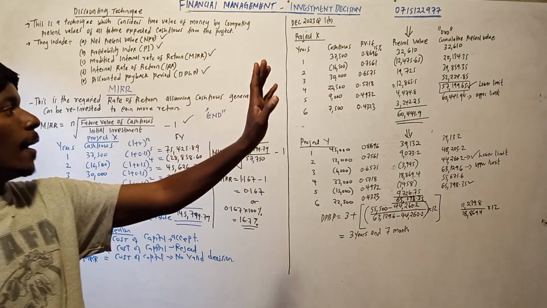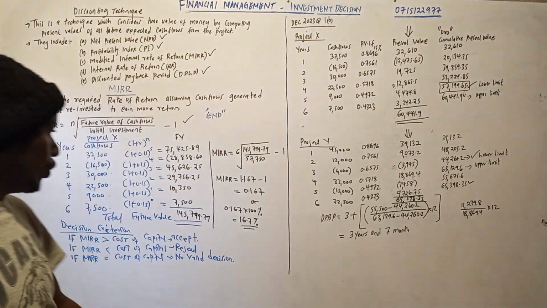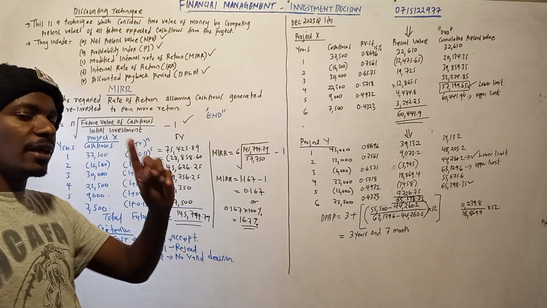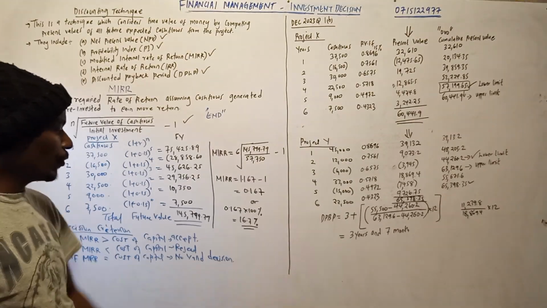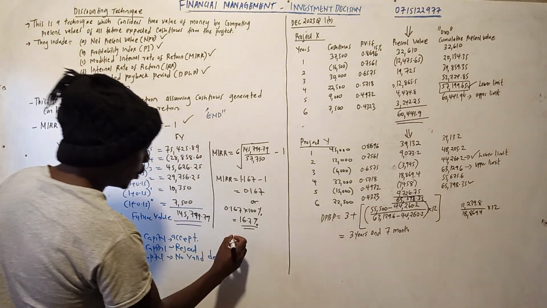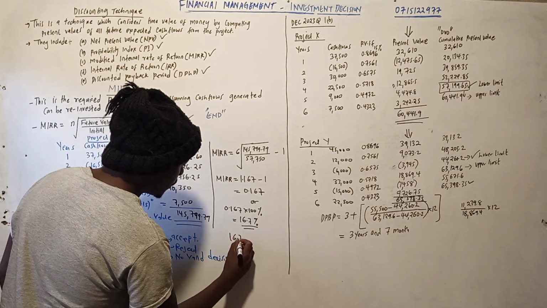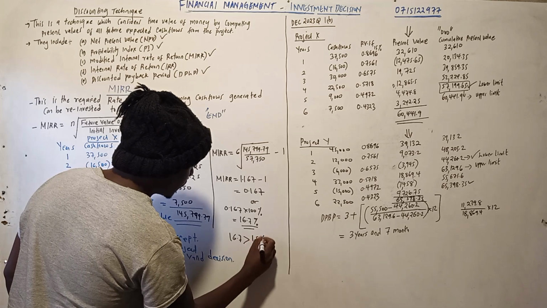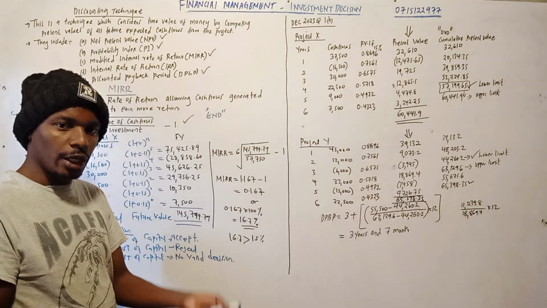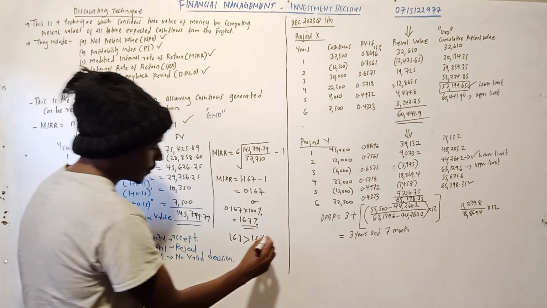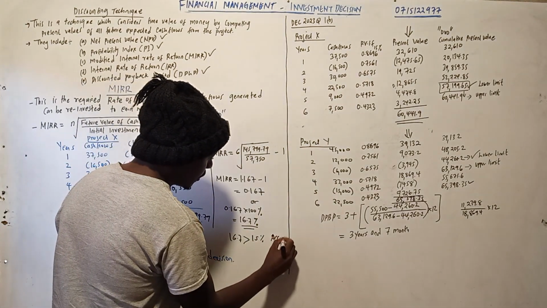So in this case, you need to do it for project Y also. Then you compare which one has the highest MIRR. Now, by the look of things, if you compare, this 16.7 is greater than 15%. If you are just to compare this project X alone with the cost of capital of 15%, we accept. You could have accepted.